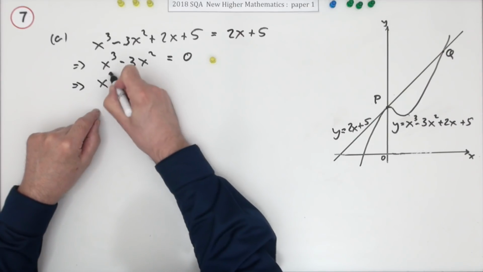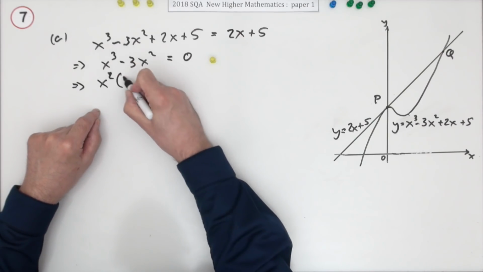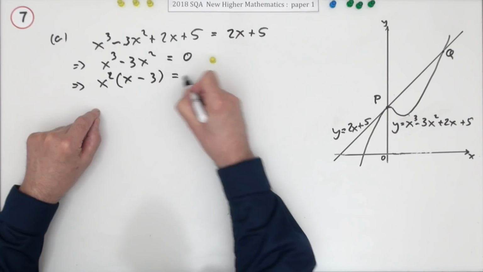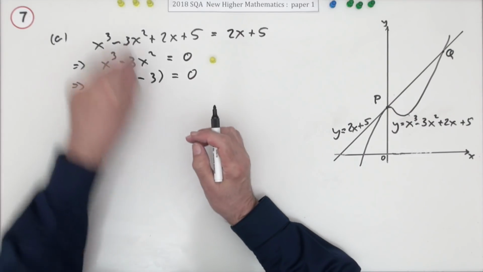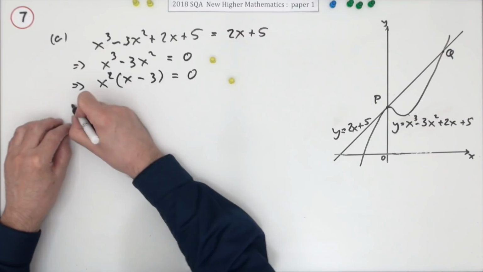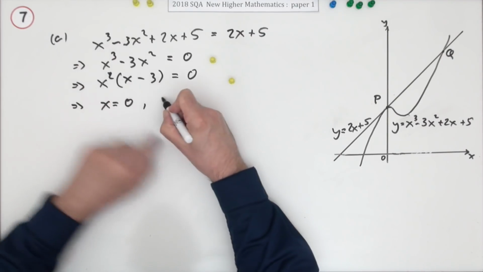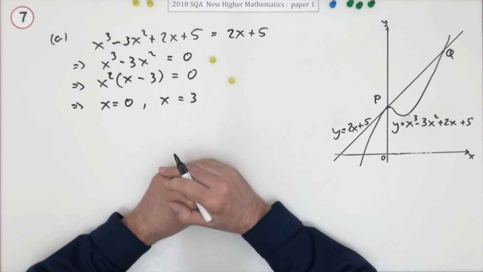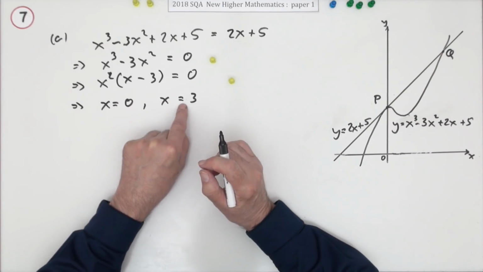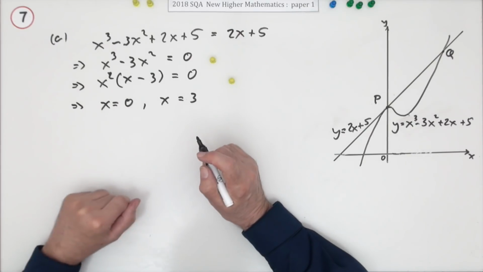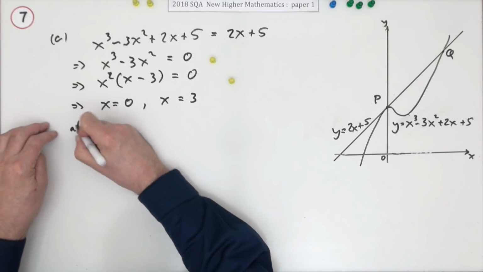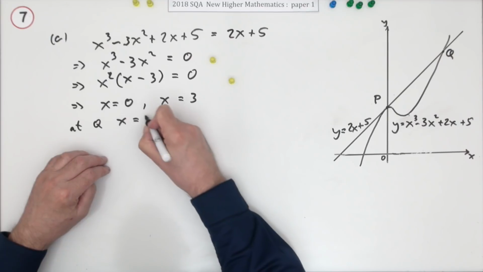Take out a common factor. x squared comes out, leaving x minus 3 equals 0. So factorising gets a mark. Now you're going to get 2 answers. You've got either x is 0 or x is 3. Well, for Q, x would have to be 3. So at Q, x equals 3.